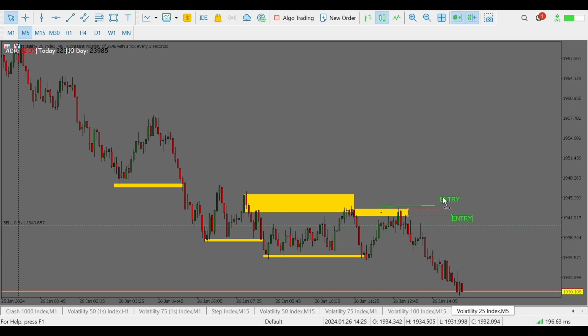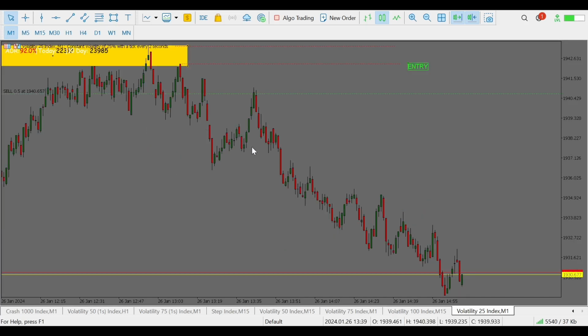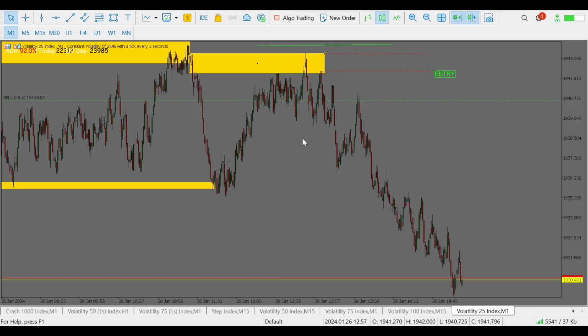As we know that the trend is still a downtrending market, we would expect the move to last even longer. If we miss this move again, let's go to the 1 minute time frame and see where else we could have entered.